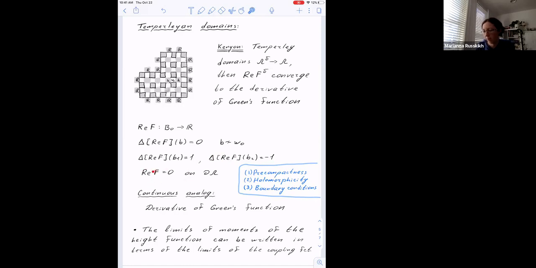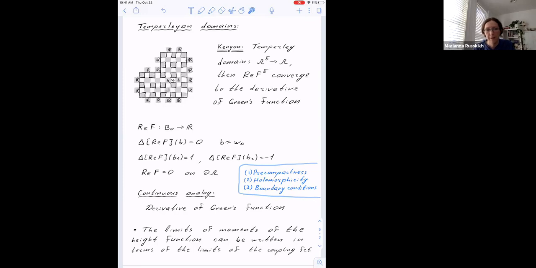And it is 0 everywhere on the boundary. Note that this is a discrete version of the derivative of the Green function. And indeed, Rick showed that in the case of temperleyan approximations, so we have some domain which is approximated by temperleyan types of discrete domains, then the real part of the inverse Kasteleyn matrix converges to the derivative of the Green function, right?